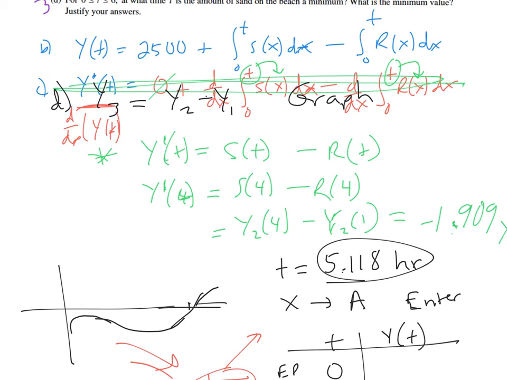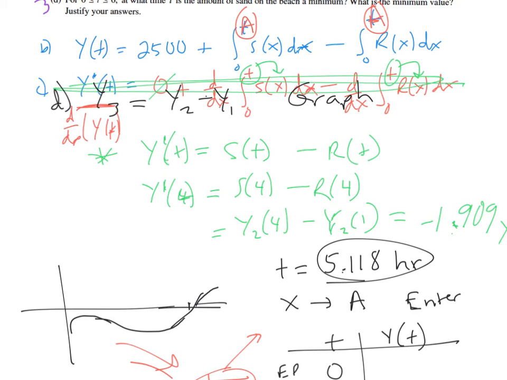And we now know that for our amount t, we're going to be putting in our 5.118, but hey, we stored that as a. So what I would do is type this in your calculator, exactly what we have right here, all of that, but for your upper limit of integration, make that an a, and make that an a.